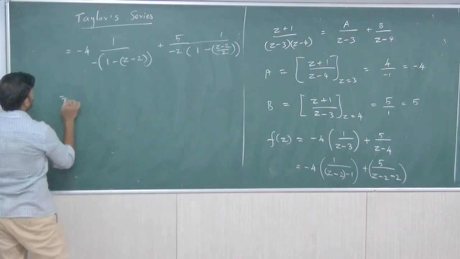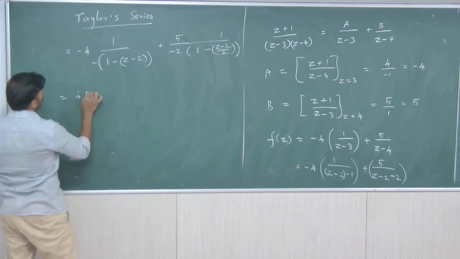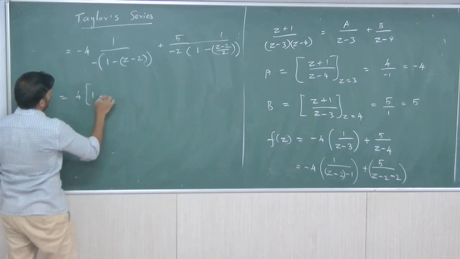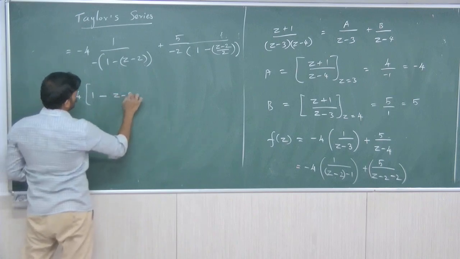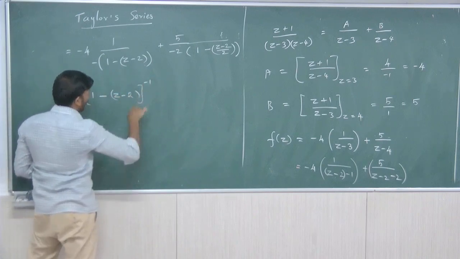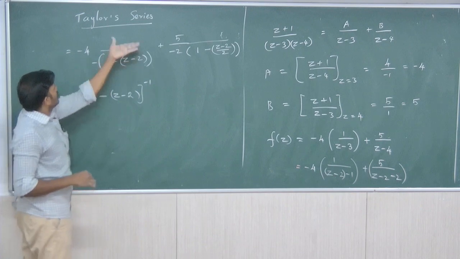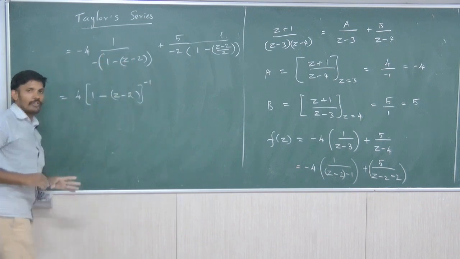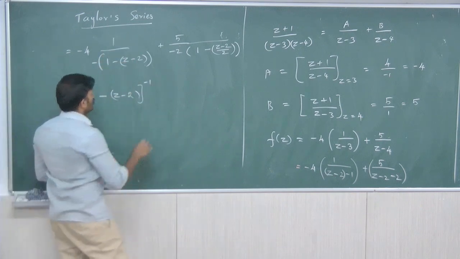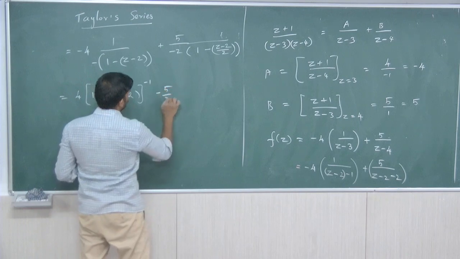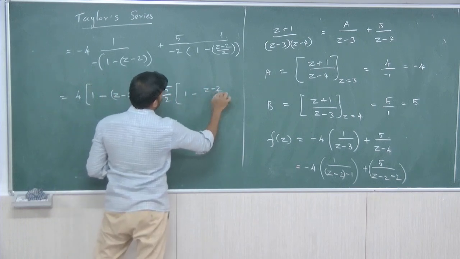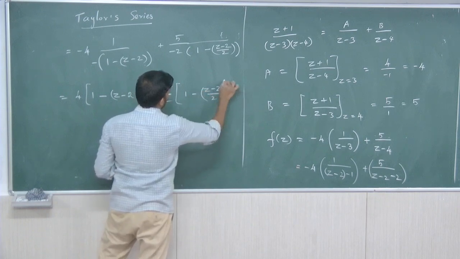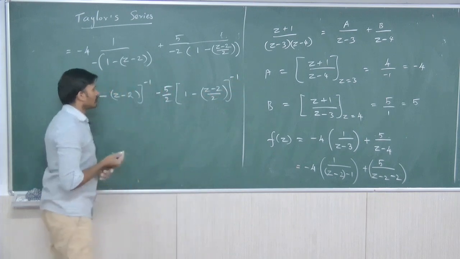So I am going to rewrite minus 4 into 1 minus into minus plus, so (z minus 2) whole power minus 1. If you shift this term to the numerator, you may put power minus 1. Similarly, minus 5 by 2, 1 minus (z minus 2) divided by 2 whole power minus 1.